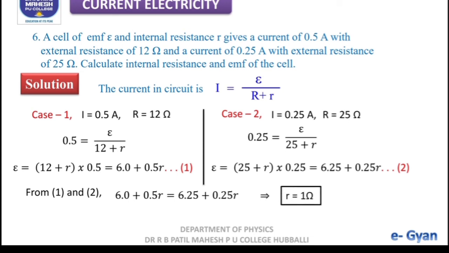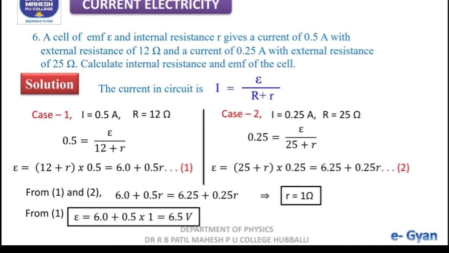Internal resistance of the cell is equal to 1 ohm. Substituting this value in equation number 1, we get EMF is equal to 6.0 plus 0.5 into 1 is equal to 6.5 volt. The EMF of the cell is equal to 6.5 volt.